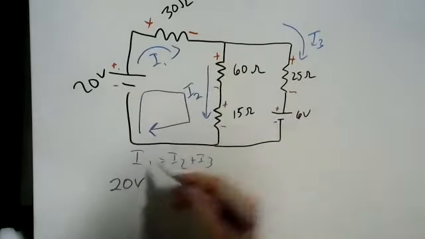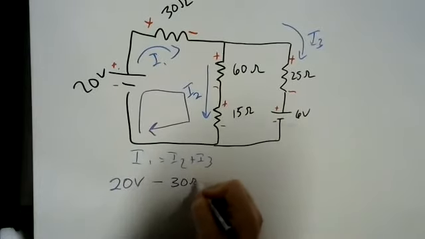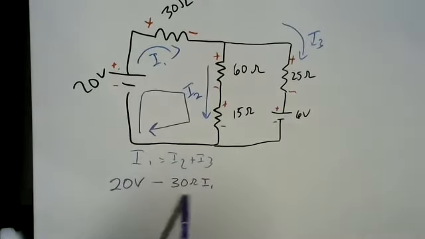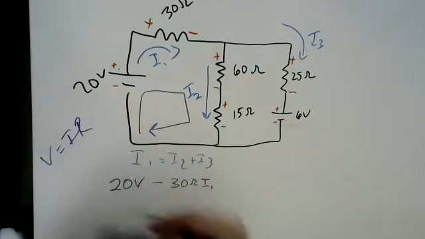Then we go positive to negative, so it's minus 30 ohms times I1. And this is the potential across that resistor. This is V. But we don't know what V is, and we're applying Ohm's law. And Ohm's law is V is I times R. So we're doing I1 times 30 ohms.